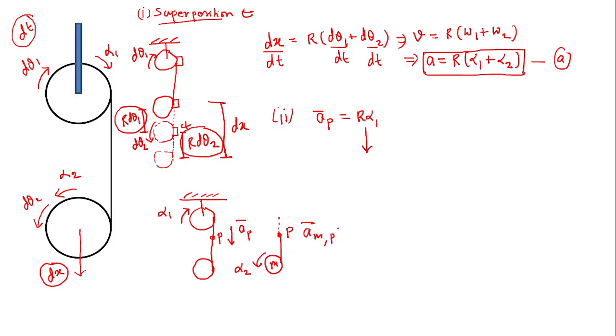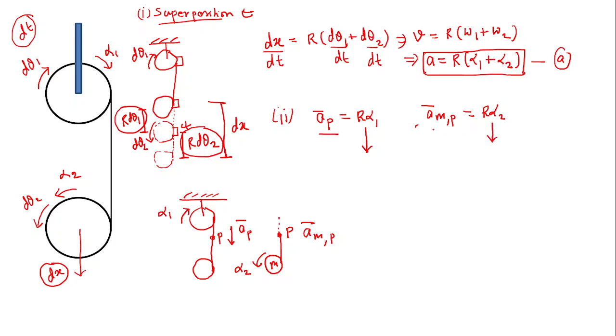It is pure rolling downward, that is R alpha 2, again in downward direction.